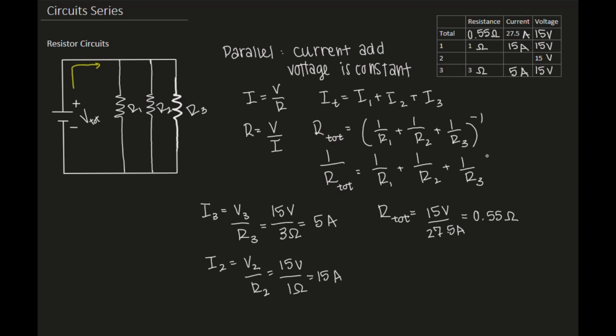We can say that if the total current is the sum of all the currents, then current 2 is equal to the total minus current 1 minus current 3, which is 27.5 amps minus 15 amps minus 5 amps.